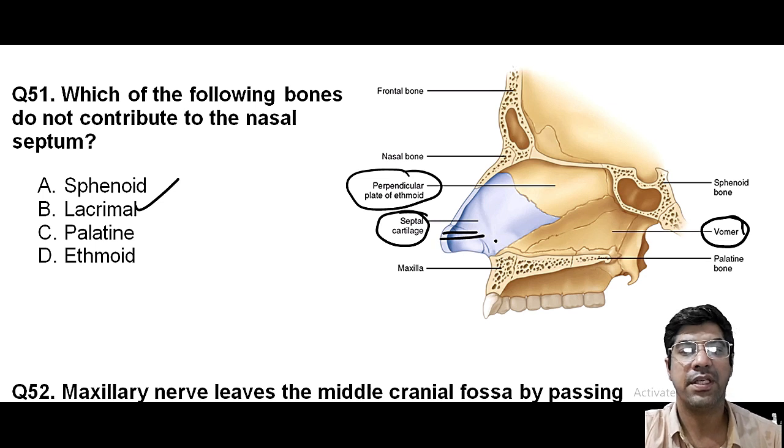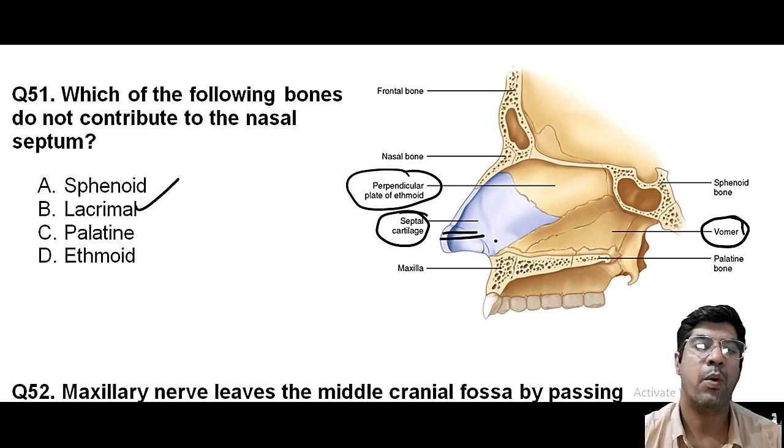The other bones, sphenoid, palatine and ethmoid, have some involvement in the structure of the nasal septum, while the lacrimal bone does not. So your answer is the lacrimal bone.